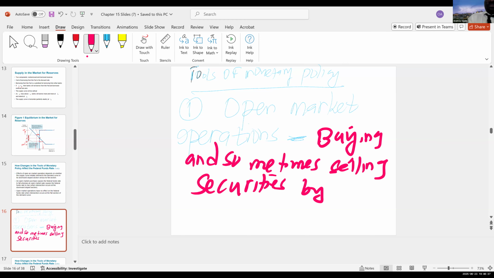Let's assume case one, a case where the initial intersection between the supply for reserves and the demand for reserves happens at the downward sloping portion of the demand curve.